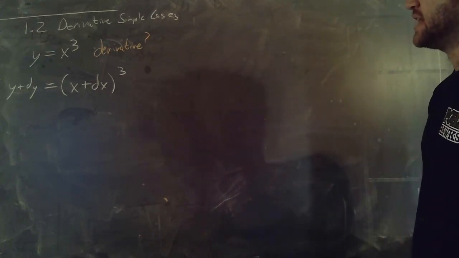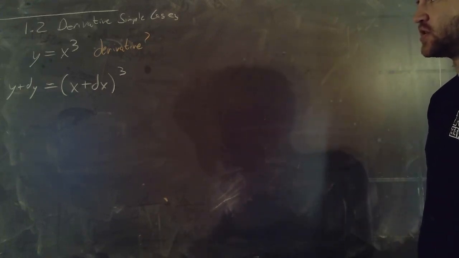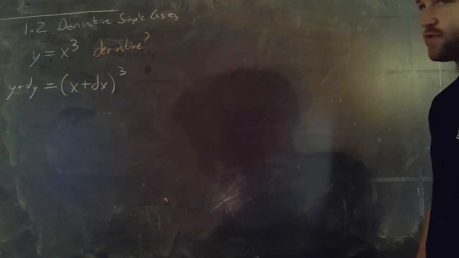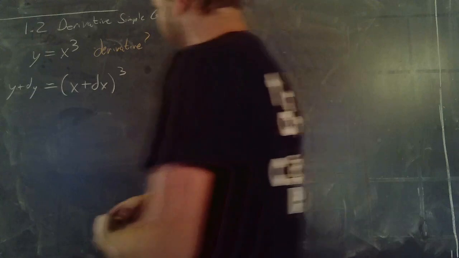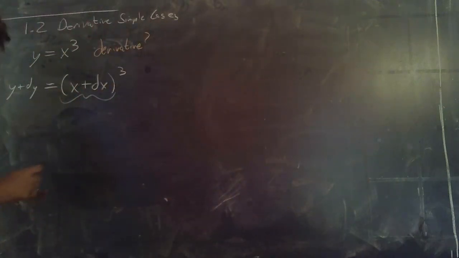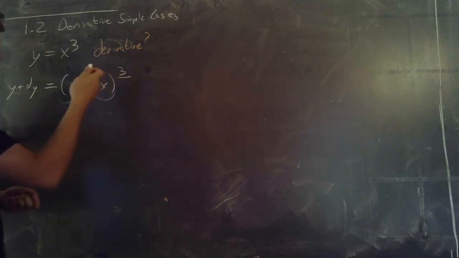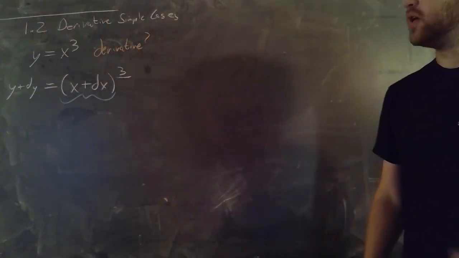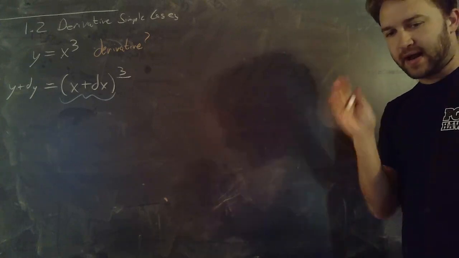So we'll have x plus dx to the third power is equal to y plus dy. And from here, again, notice that this term is a binomial that has been raised to the power of 3. So, of course, we can use our expansion theorems or any method that we want, writing it 3 times and foiling it out, however you want to do it.